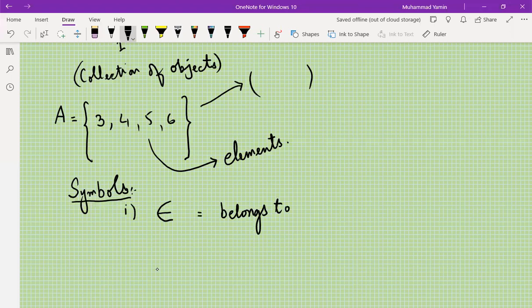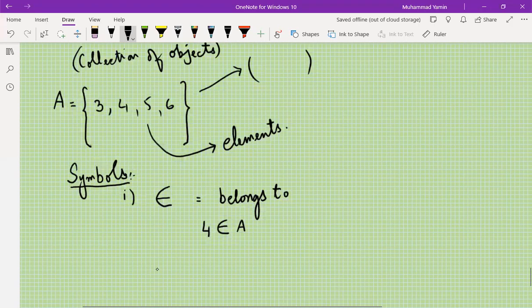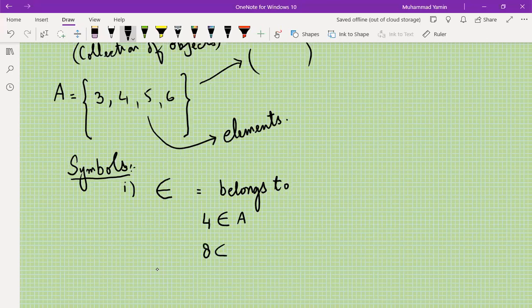For example, if 4 is an element of A, we write 4 belongs to the set A. Suppose I write 8 belongs to A, then it is wrong here, because 8 does not belong to this A. So what we do is we just put a cross on this epsilon sign. That shows 8 does not belong to A.